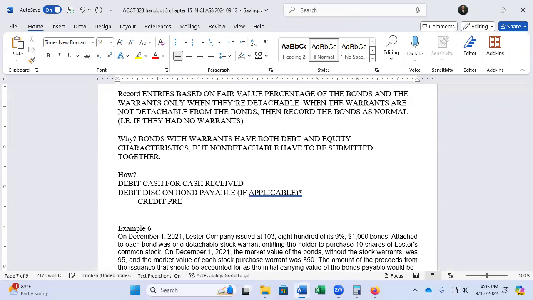Credit premium on bonds payable, if applicable. We have bonds payable, the face value of the bond.